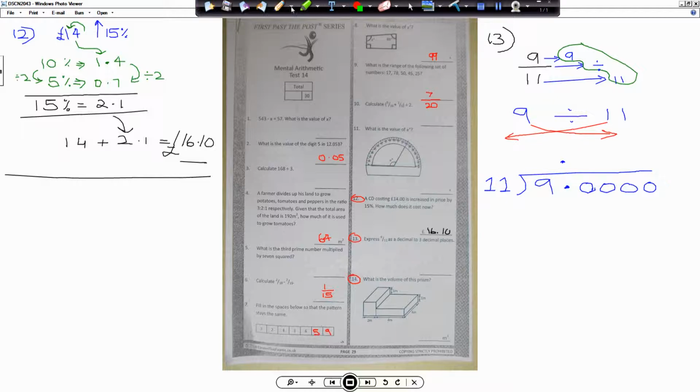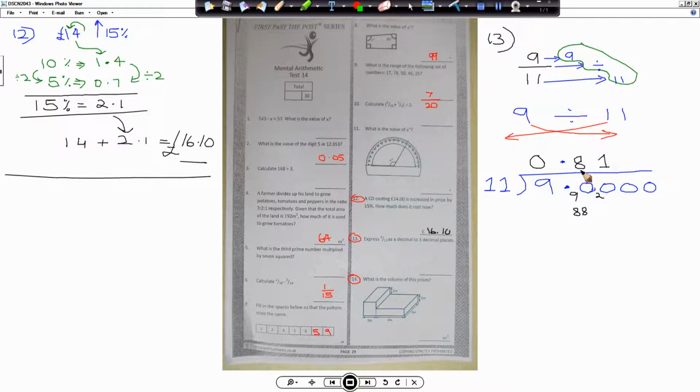So let's change the color. How many 11s go into 9? 0. Remainder 9. How many 11s go into 90? 8, because 11 times 8 is 88. So how much do you have left? 2. How many 11s go into 20? 1.